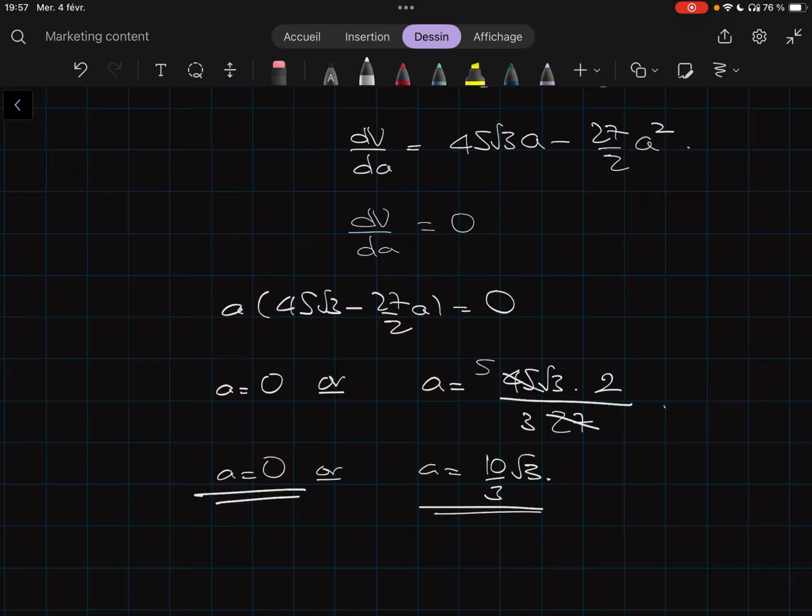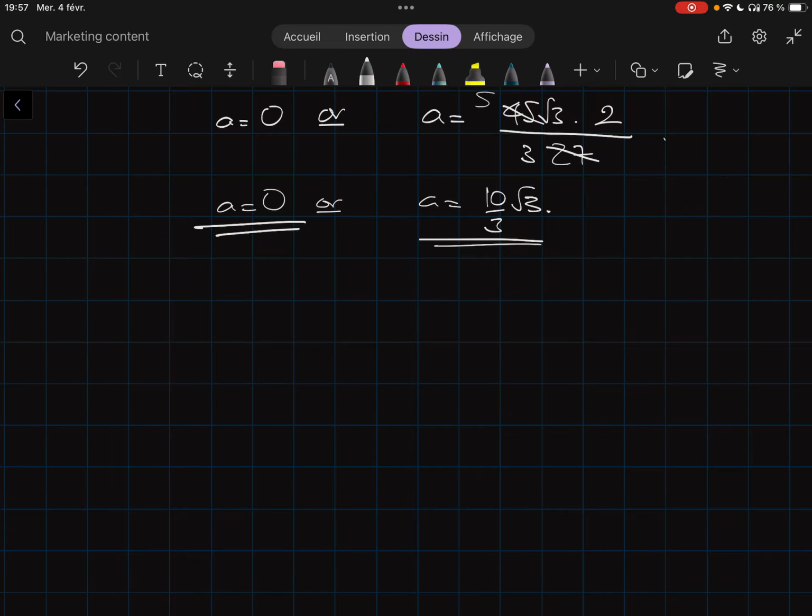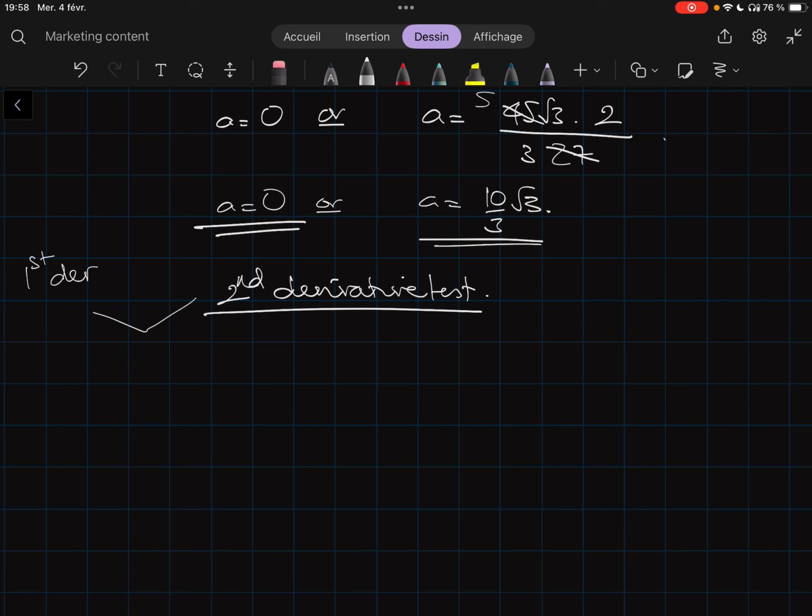How do we know which one would give us the maximum value? This is where we need to use the second derivative test. Usually, when they say show that it is indeed a maximum or a minimum, you can use the second derivative test, or you can also use the first derivative test.